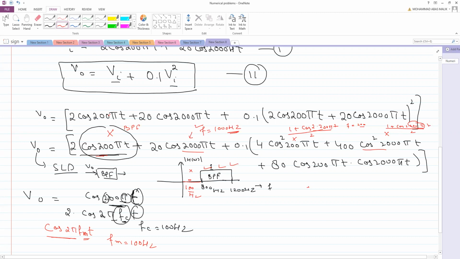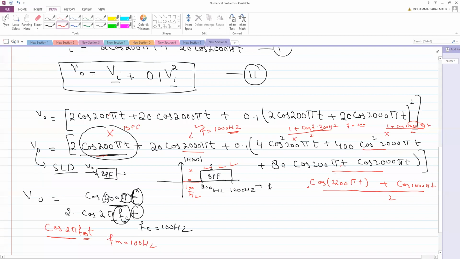What about this? Because these are the product of cos and sine signals, you will get cos a plus b and cos a minus b. Cos a plus b means you will get 2200 pi t, plus you will get 2000 minus 200, which is 1800 pi t, and the whole is divided by 2.